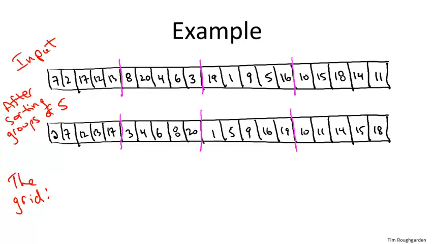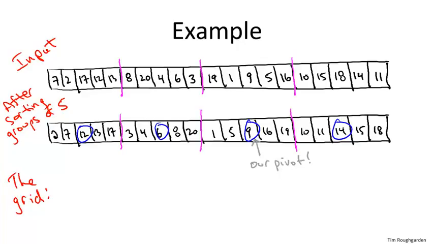From each group, there's a single winner, namely the middle element. So that would be the 12 and the 6 and the 9 and the 14. Those are the 4 survivors from the first round of the tournament. And the median of these 4 elements, which at the end of the day is going to be our pivot, is the second smallest of the 4. That's how we define the median for an even number of elements. So that's going to be the 9.